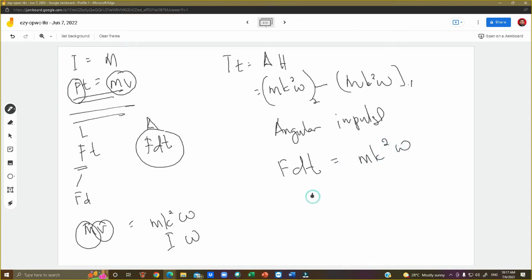So angular impulse, torque, equals angular momentum. These are equal. I equals M. So either one you can use. This is linearly, this is angularly. This is the first one, the derivation of it.